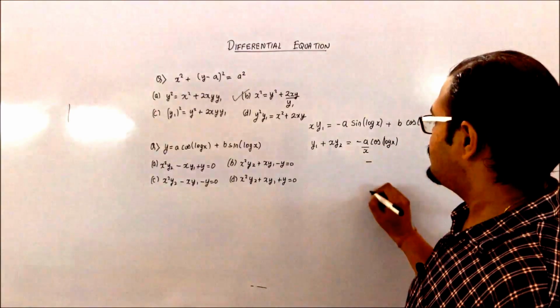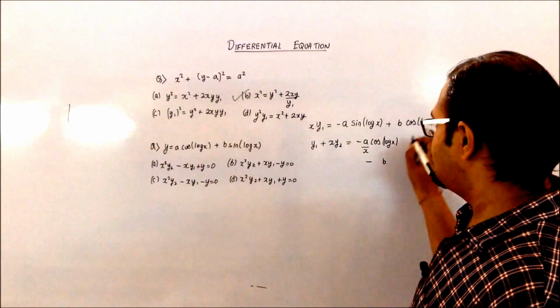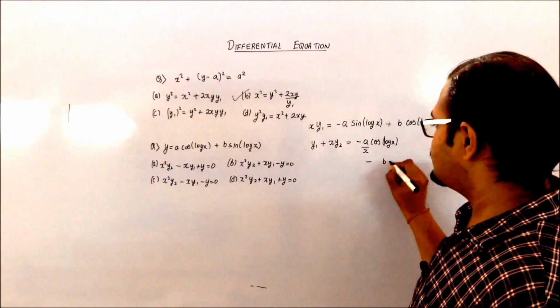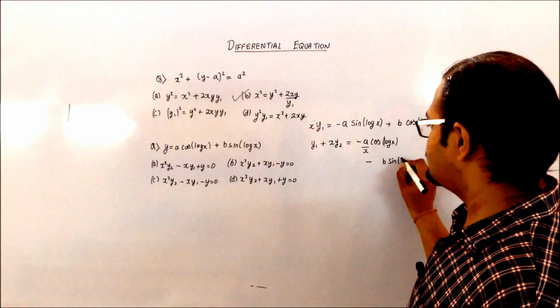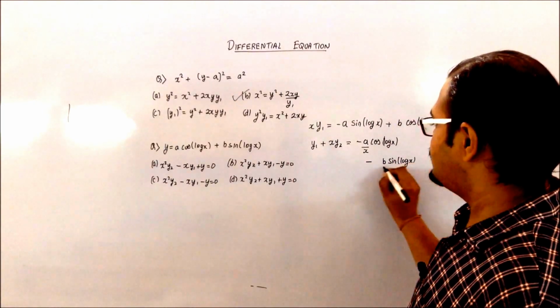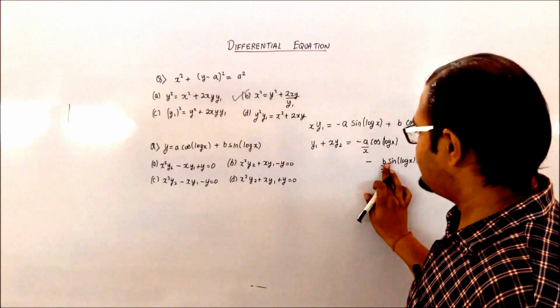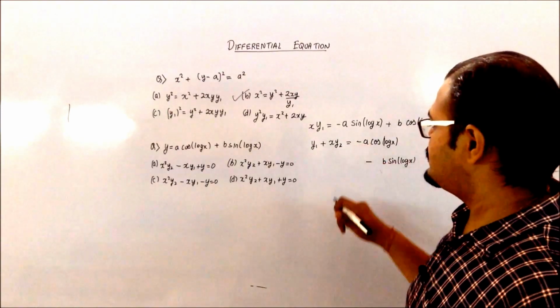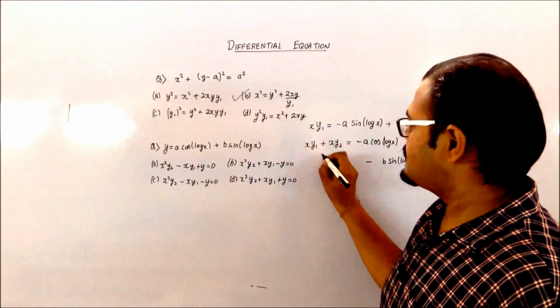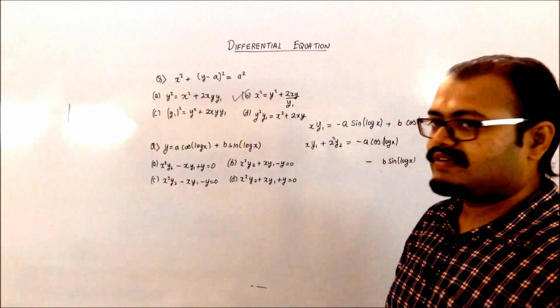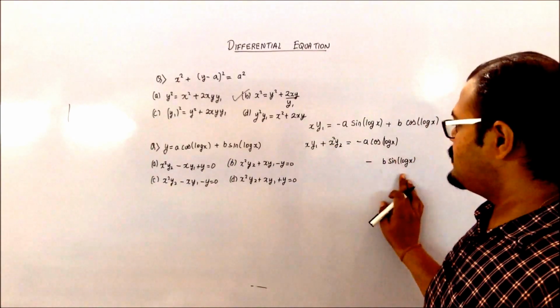Then you will have b cos, the derivative of which is sine, minus sine log x divided by x. You can take this x also on that side. So you will have x y1 plus x square y2 will be equal to this.